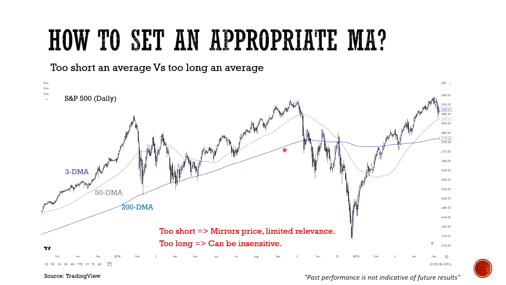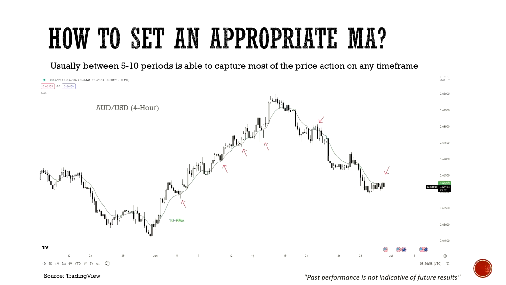So that's the idea: how do we balance that in terms of getting the maximum out of the price, getting the maximum dips or pullbacks, and also not sacrificing the predictability, or the trend element of that. So the first step in identifying an appropriate moving average would be, for any market, any time frame, we can start off with something in between a 5 to 10 year period moving average.